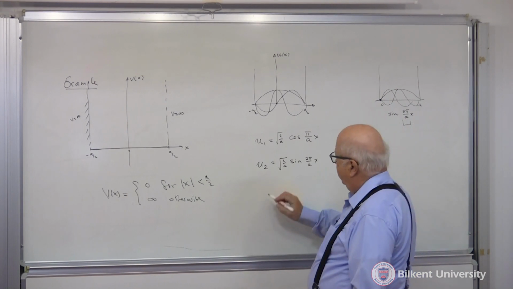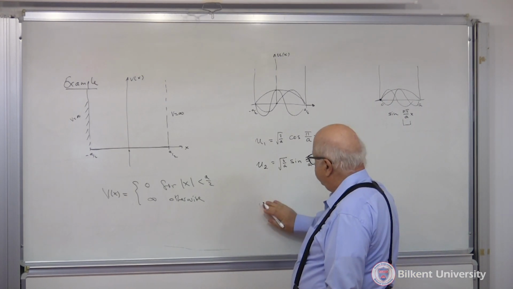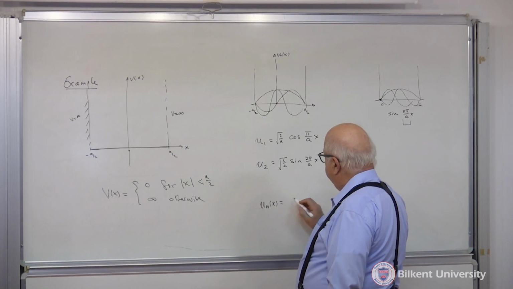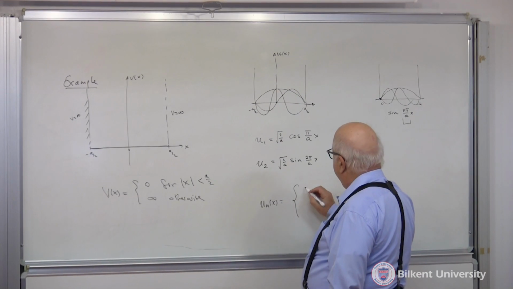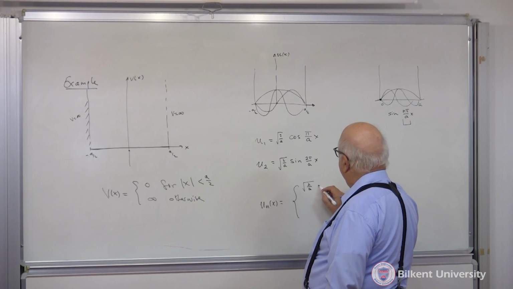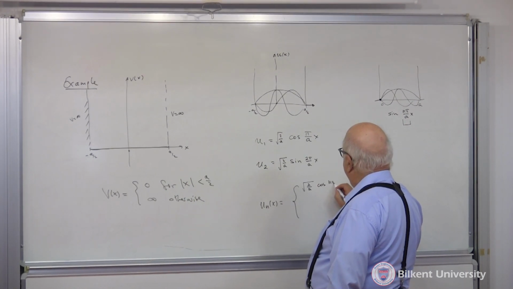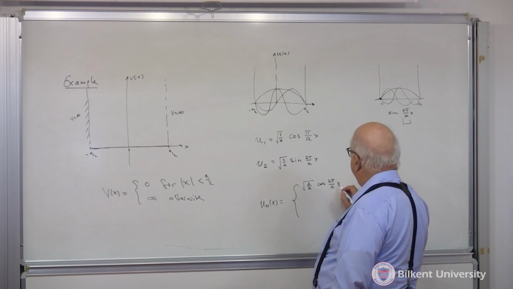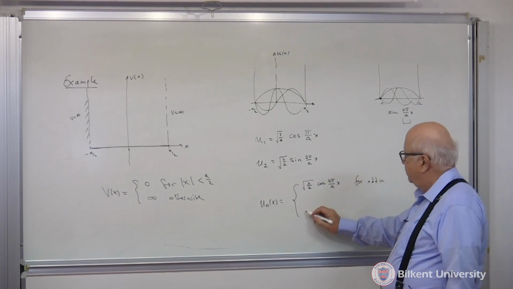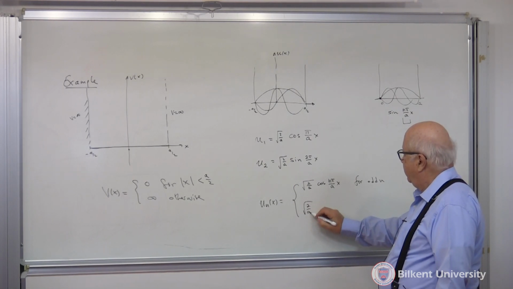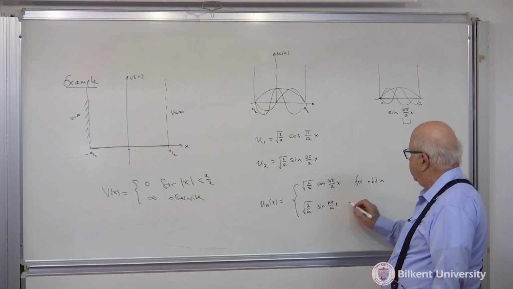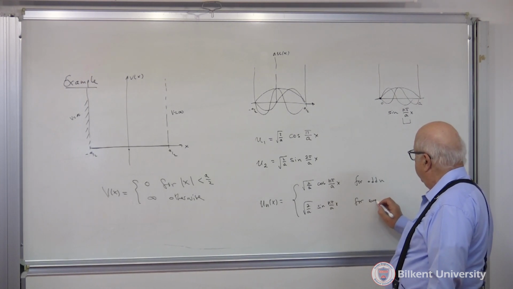So I have all of these objects, so the general form is going to be u_n of x equal to either square root of 2 over a cosine n pi over a x for odd n, or square root of 2 over a sine n pi over a x for even n.